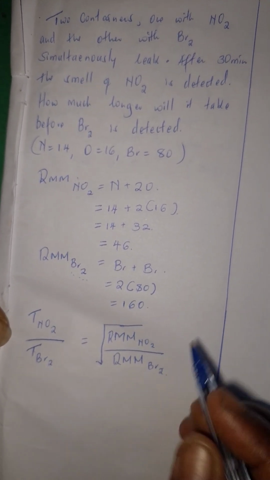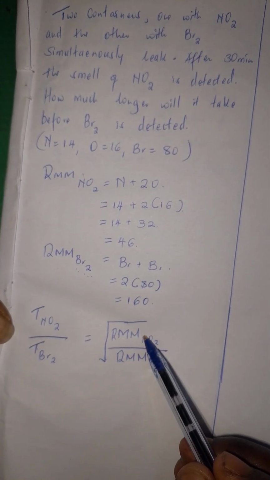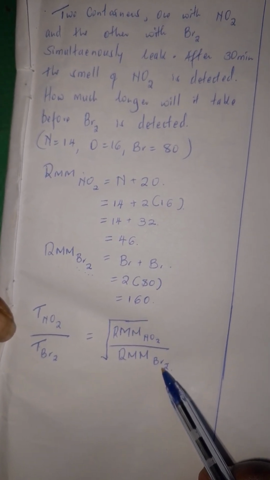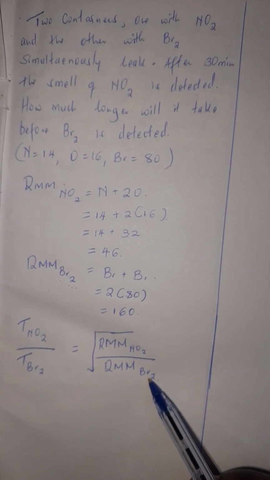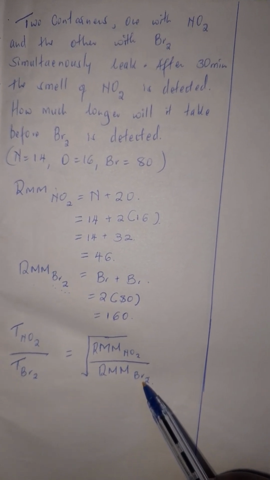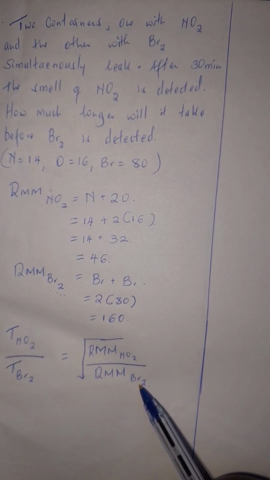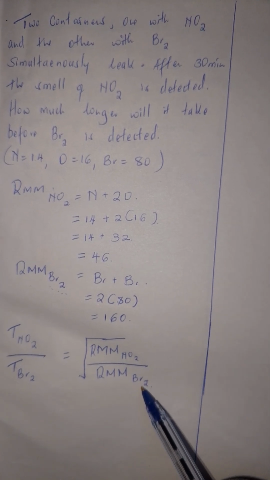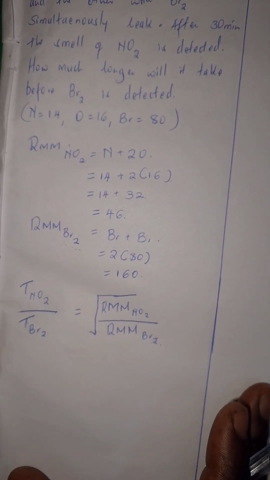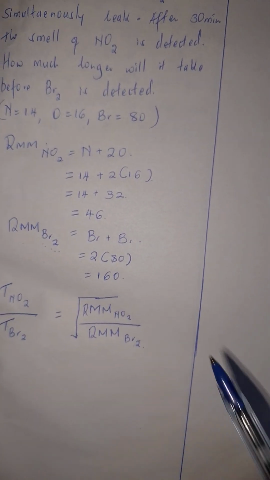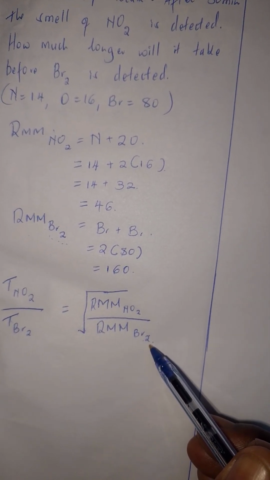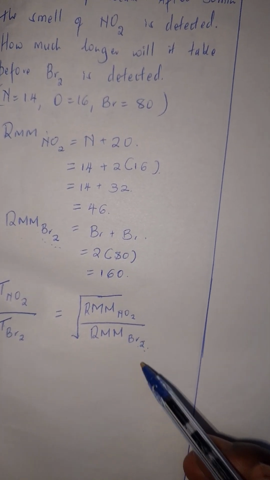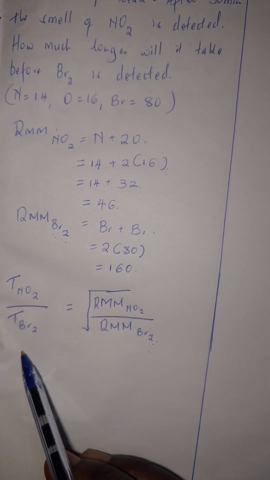When we do this, the volume of nitrogen dioxide and the volume of bromine must compare. Otherwise, we can use the rate of diffusion. Let's go on with the time.